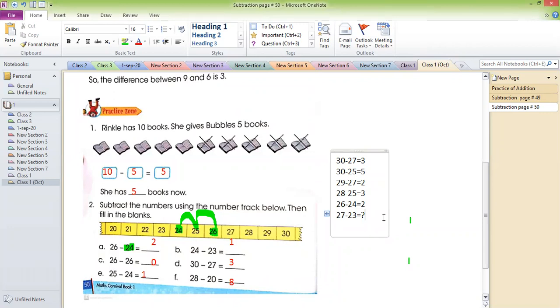Very good. How do you know? 4 steps, because this is 27. Yes, 4 steps back. 1, 2, 3, 4. 4 steps back to reach 23. So the answer is 4.